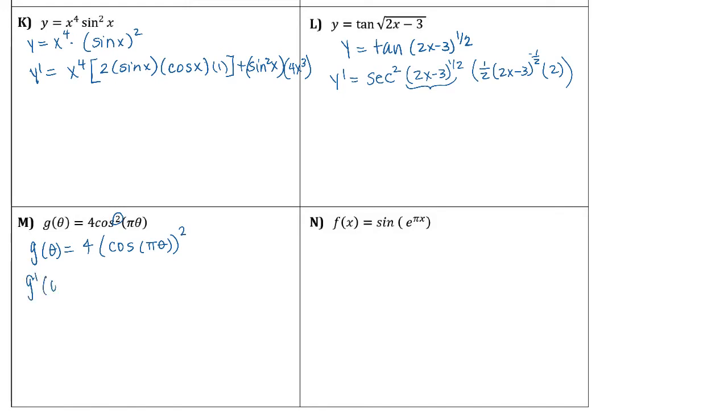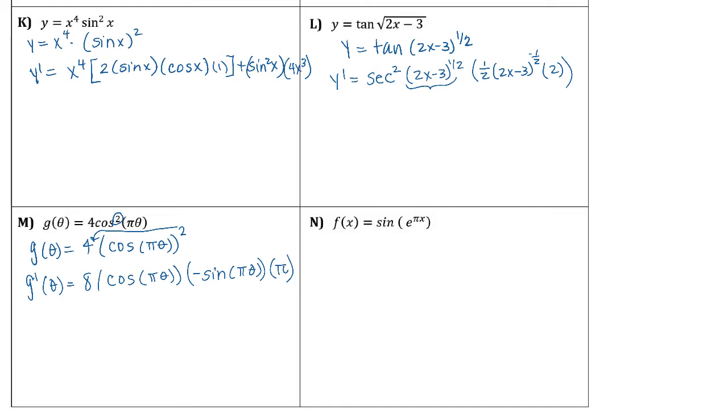So g prime of theta is going to be, and again, derivative of the outside, so that 2 is going to be multiplied down, so that's going to give us 8 times cosine of pi theta, all raised to the first, then times the derivative of the inside, which is going to be negative sine pi theta, times the derivative of the angle. The derivative of pi theta is just going to be pi. And then that's going to be it for that derivative.